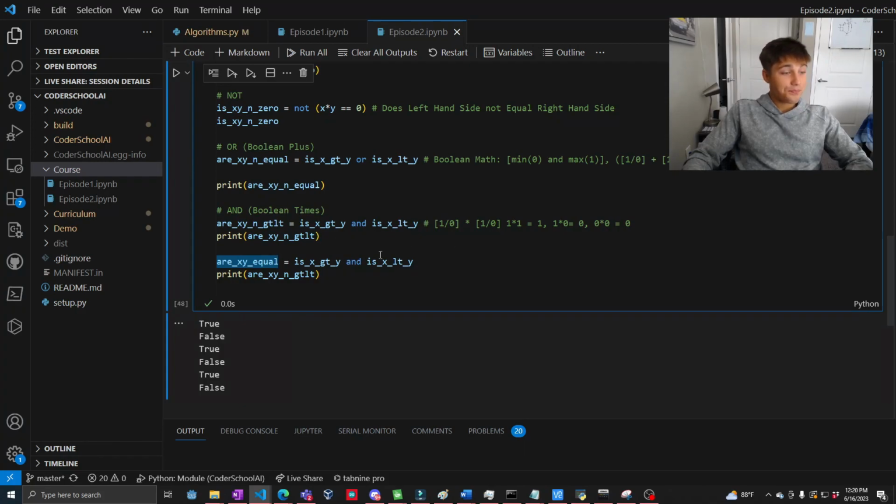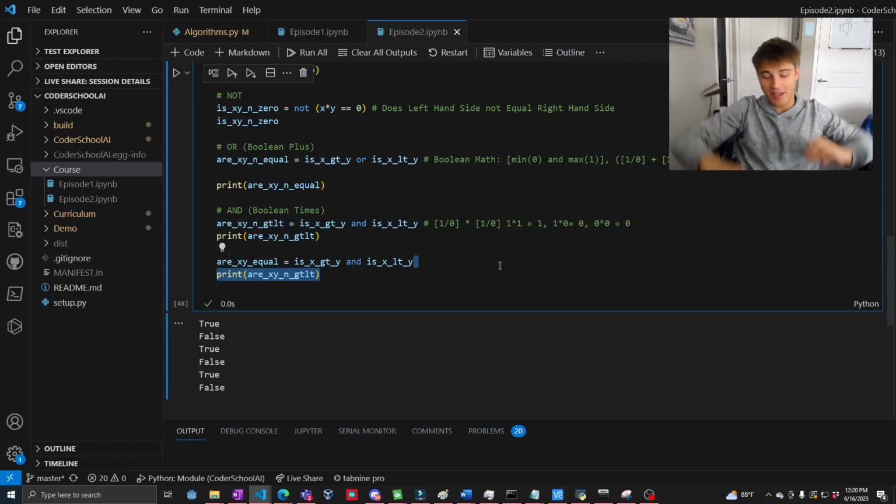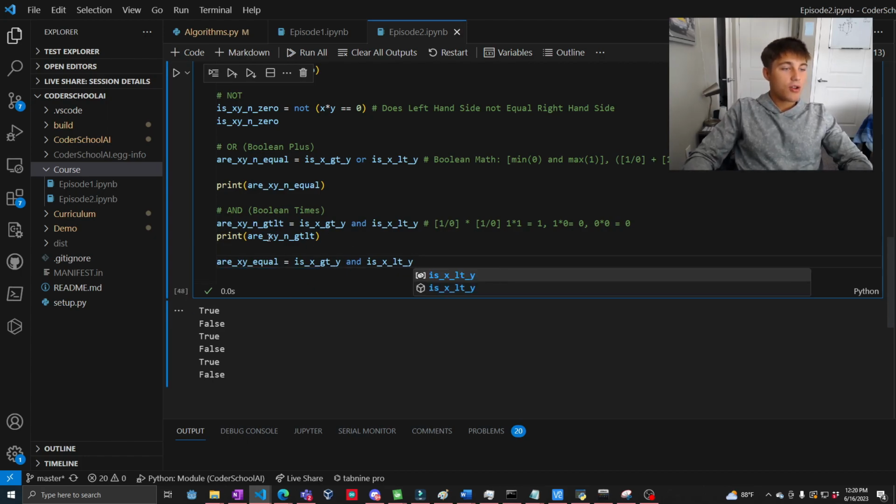Okay, so if you're following along and you have really good intuition of what we're doing here, I never did when I was in programming. I'm really slow at picking this stuff up, so that's why I'm going super slow, just to let everybody see what we're doing here. But you could already see that, okay, is x greater than y? Well, we said that that's only going to be the case if x is not equal to y.